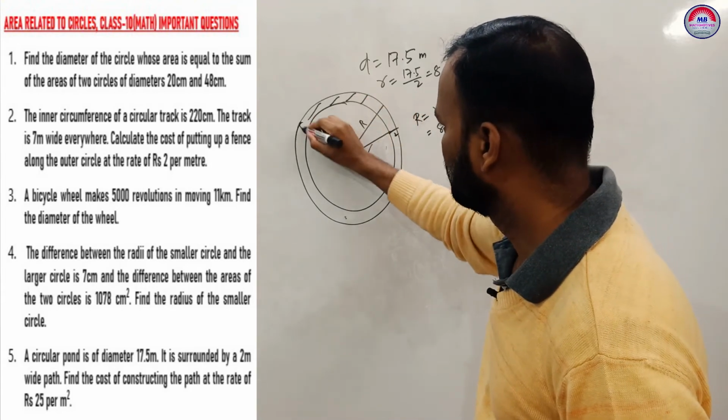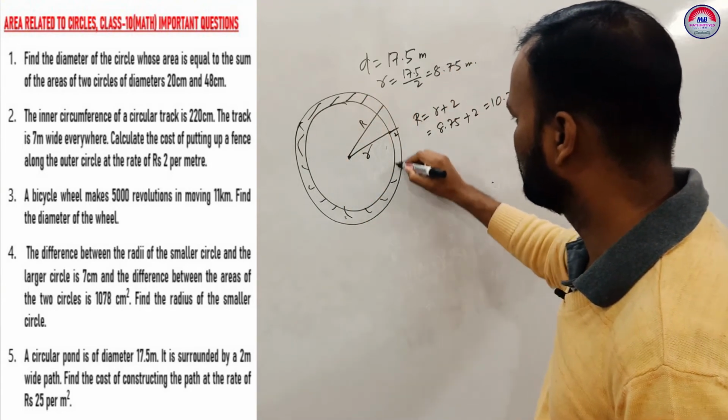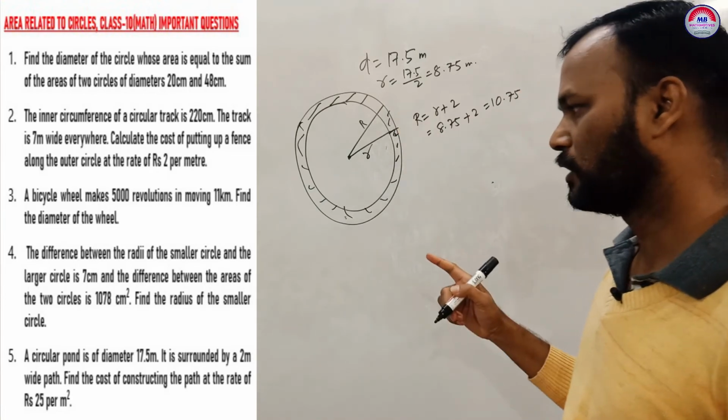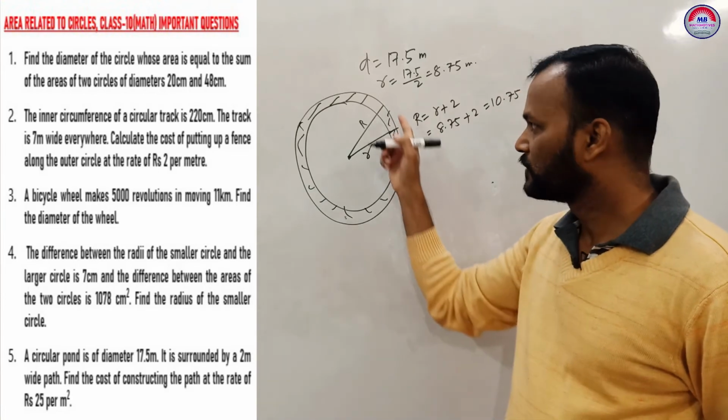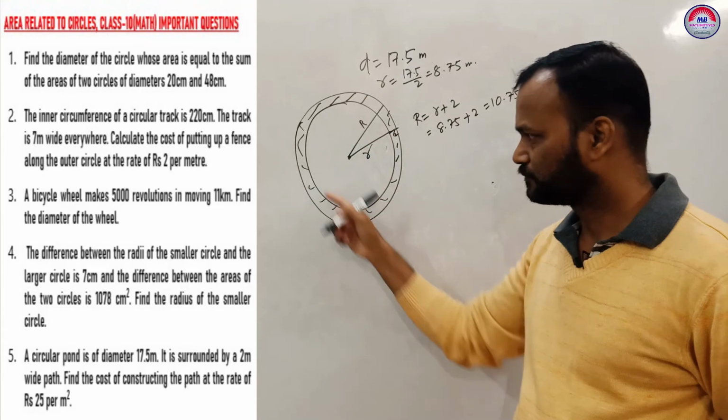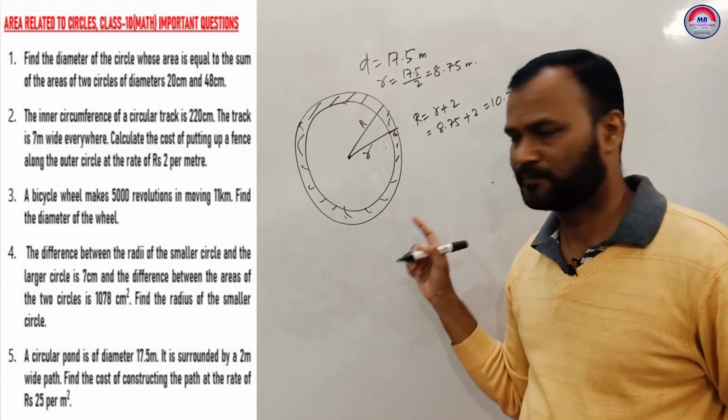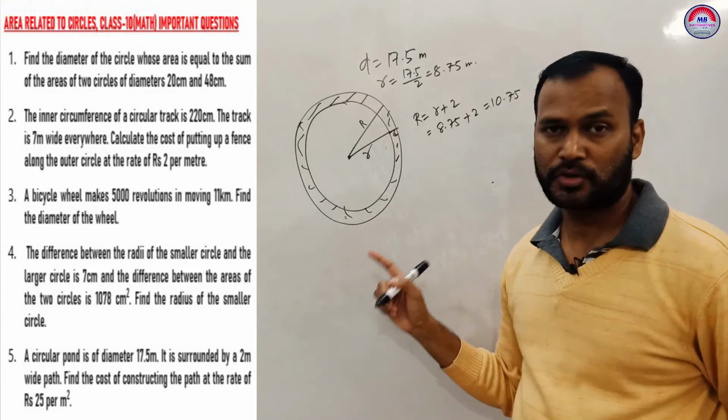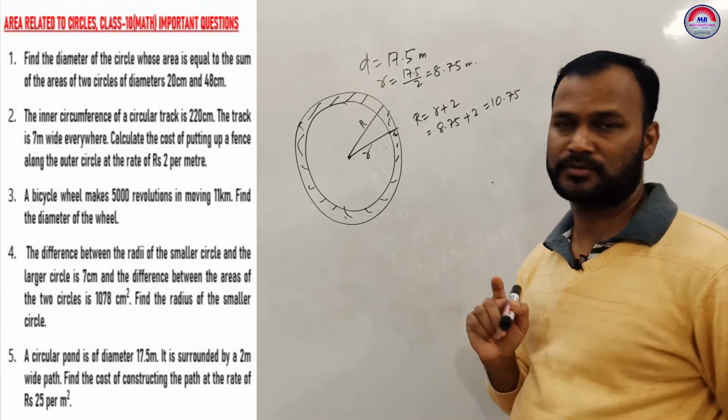So first we find the area of the path, then we multiply with 25, because it is given to find the area of the path. Then cost is 25 per meter square.